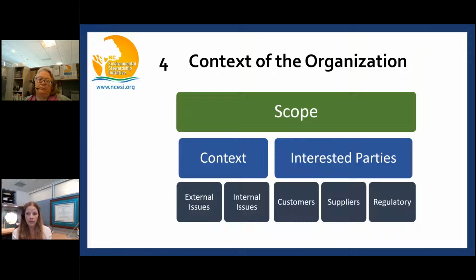You will use the context and interested parties later on in the planning, which is clause 6, which Angela is going to be talking about later today. As part of implementing your energy management system, you will also use them in clause 9.3, which asks management to consider these things when deciding if your ENMS is adequate and effective.